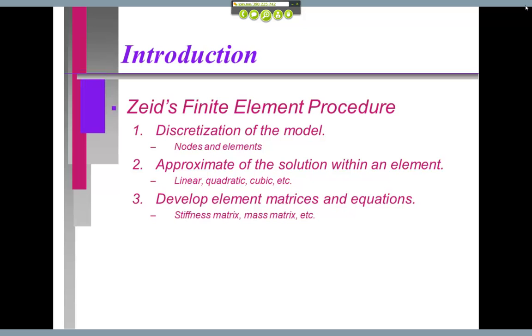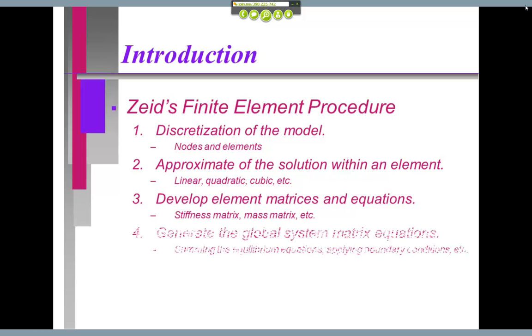So if you've got a 10 million element model, you've got a very large matrix, probably on the order of 10 million by 10 million to actually work the thing. When you're developing it into this element matrix, you're really setting up a stress matrix, a mass matrix, and a load or force matrix.